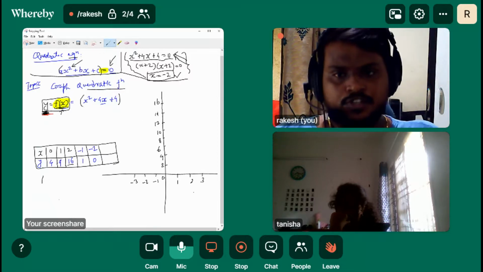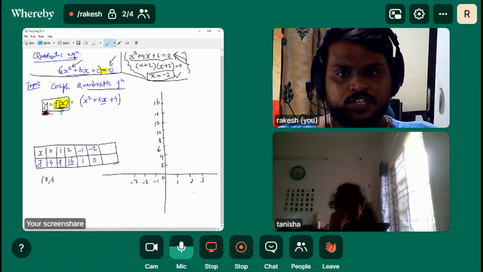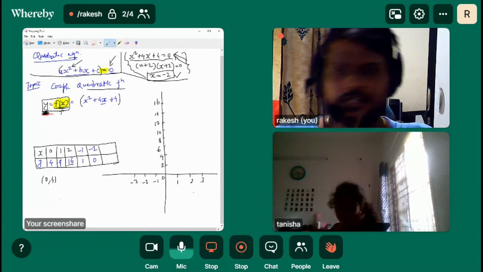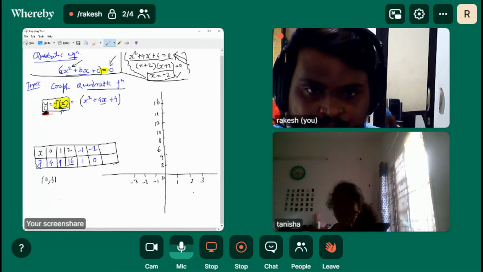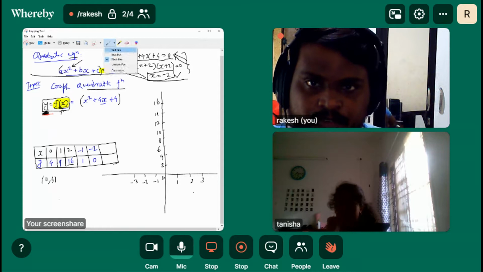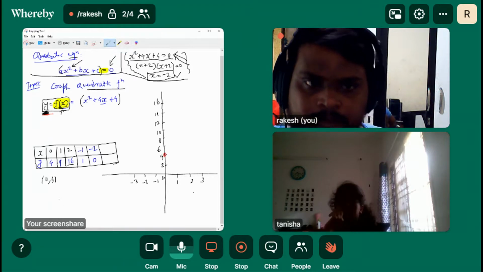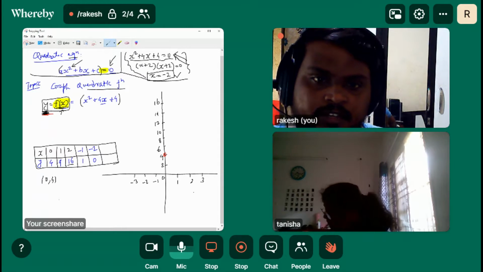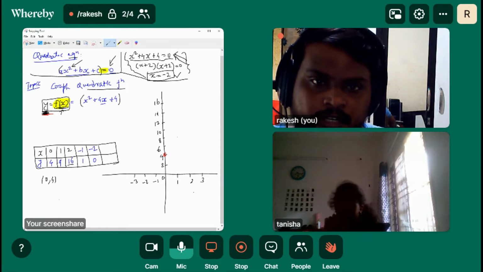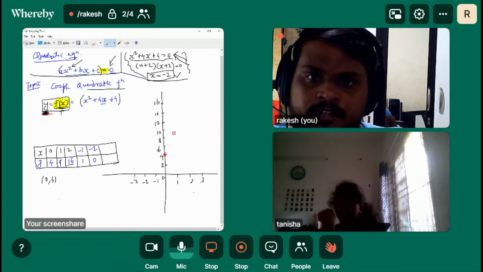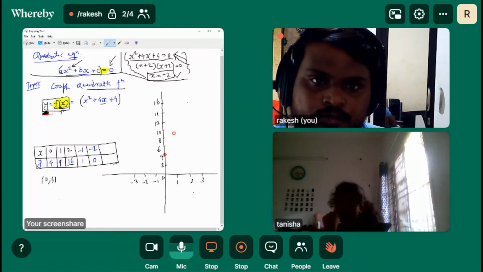So if we plot these points, the points are 0, 4, which is your y-intercept, isn't it? 0, 4 is here on the y-axis. 1, 9 will be somewhere here. 2, 16 is somewhere here.